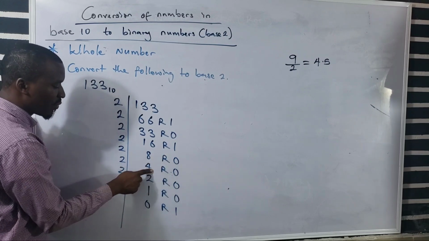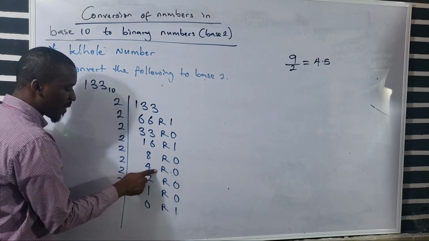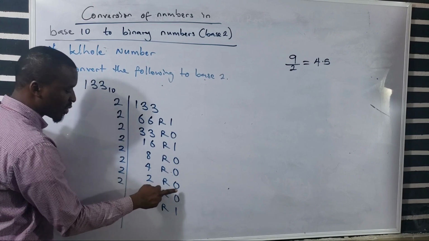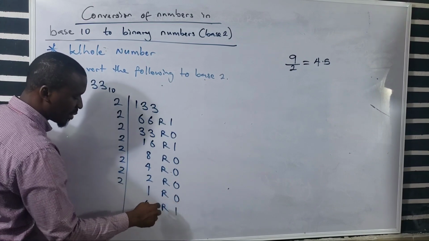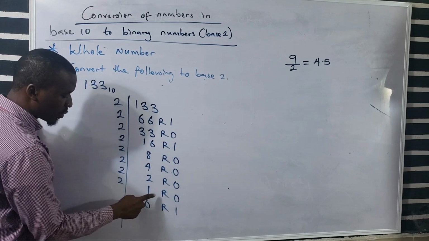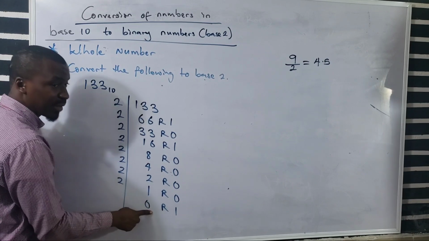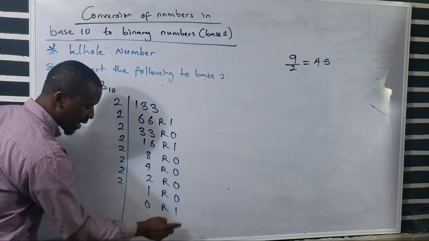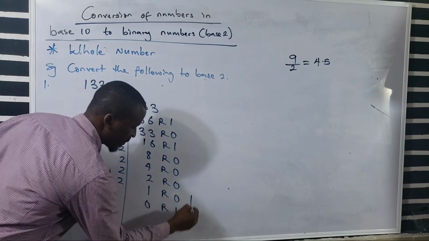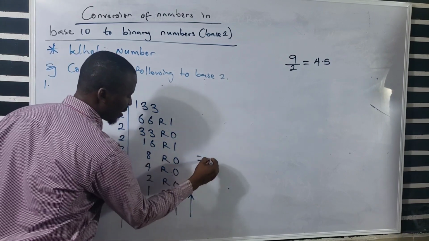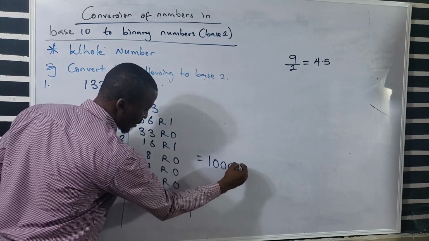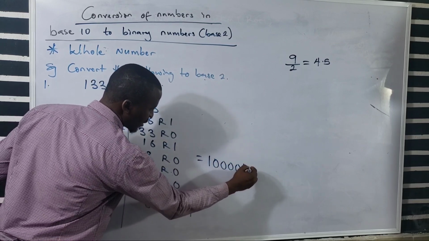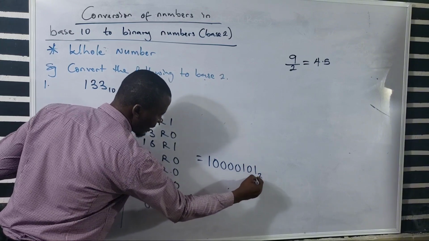8 divided by 2, 4, nothing will be remaining. 4 divided by 2, 2, nothing will be remaining. 2 divided by 2, 1, nothing will be remaining. 1 divided by 2, it cannot go, so that's 0, remainder 1. So you take it from the down, so that will give you 1 0 0 0 0 1 0 1 in base 2.